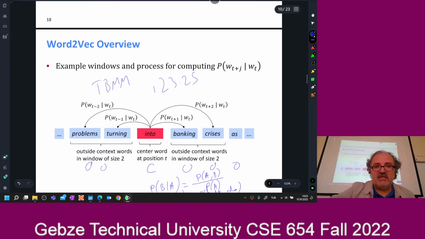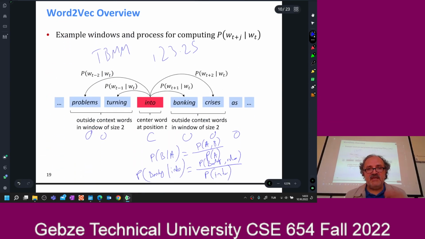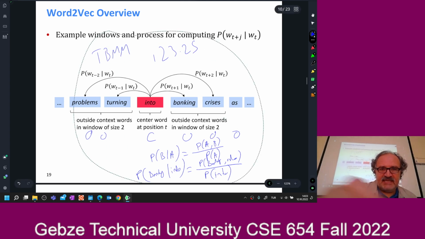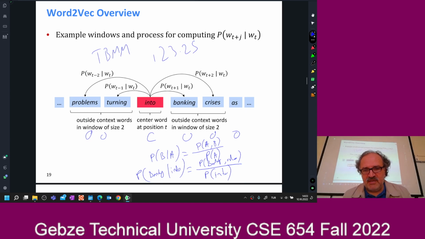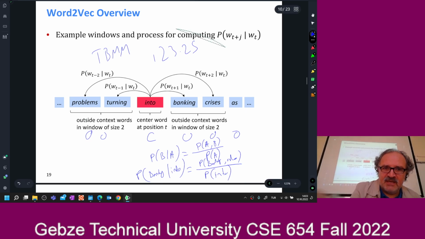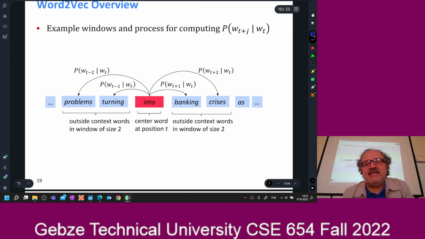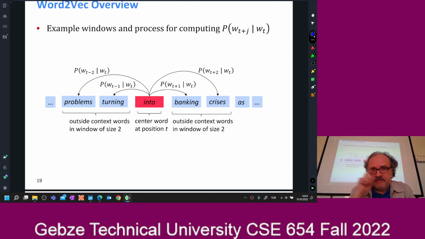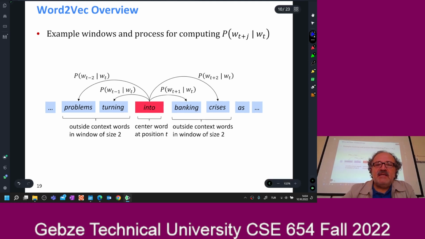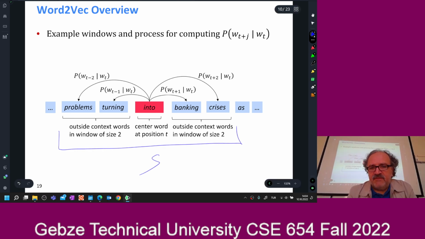Later we are going to look at it in a more careful way. So basically it works this way. I'm going to erase everything. I will end up writing the same thing, but okay. So this is what we are saying. Let's talk about probabilities, and I will make a connection to the vectors later. Let's say this is our window of size 5.